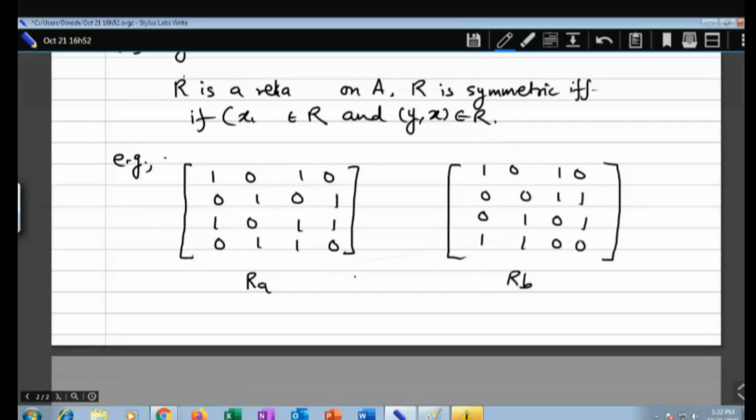Now, can you tell me which relation is the symmetric one? Relation A is represented by this matrix, and relation B by the other; row head and column head don't matter. The 1s at diagonal positions denote elements (1,1), (2,2), (3,3), and (4,4) is not present, which is what this 0 signifies.